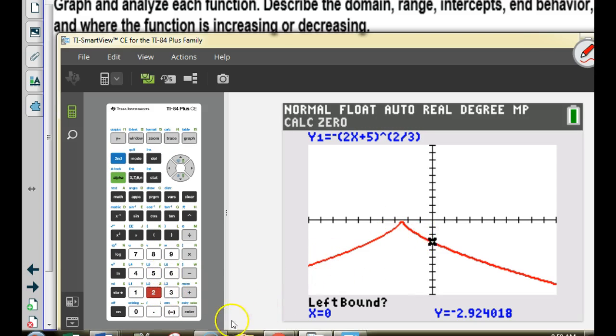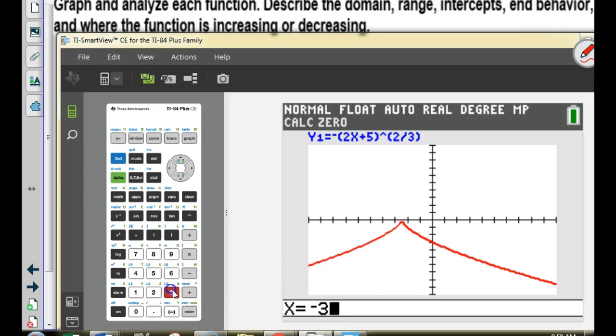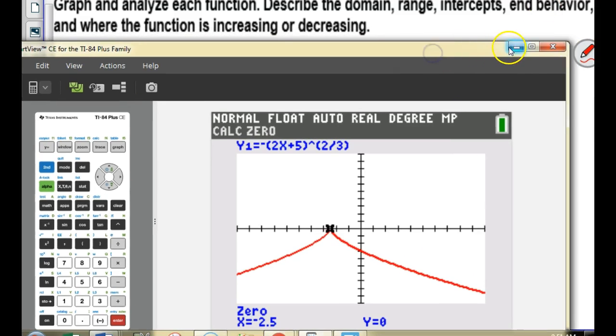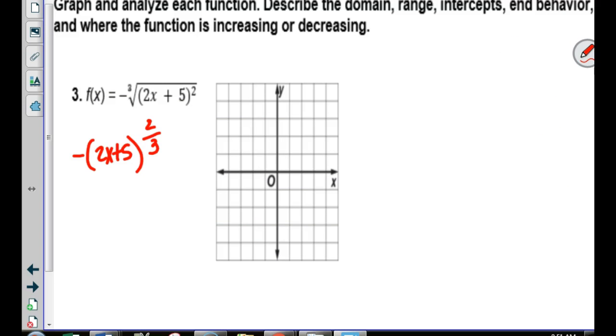So if you say it's between like -3 and -2, it's going to tell you it doesn't have a sign change. Oh, mine found it. Did yours say no sign change, or did it find the 0? Sometimes it says no sign change. But we can talk about how you would do that without your calculator.